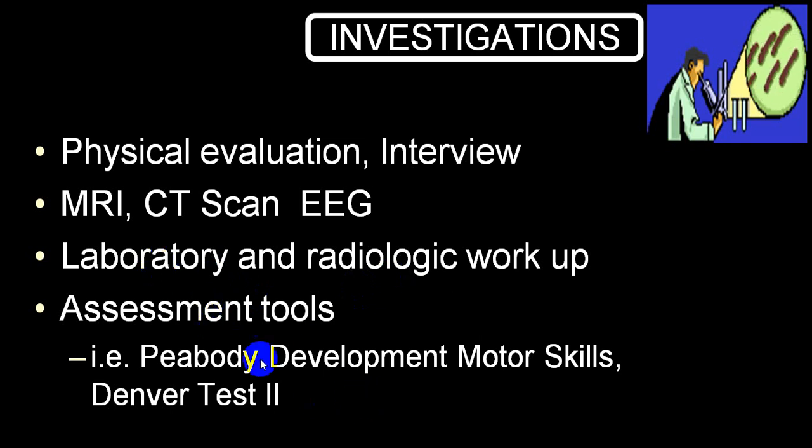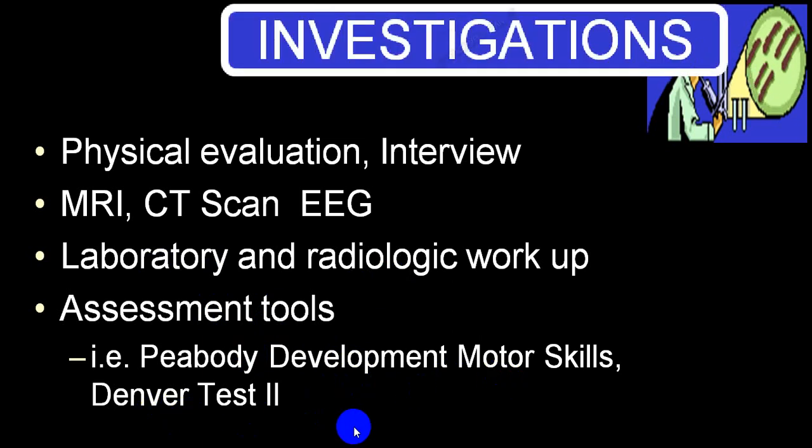And assessment tools, there are a lot of different tools which are available for finding out the development of motor skills. So one of that is Denver test, which can be utilized.